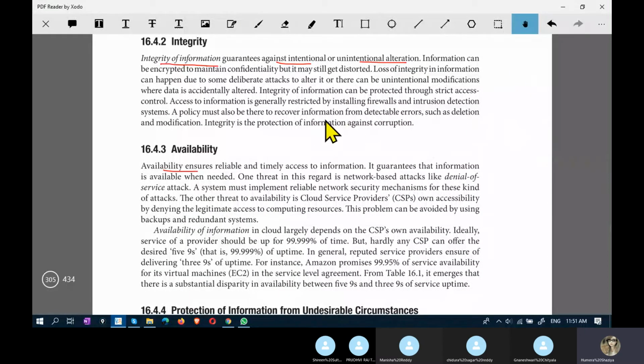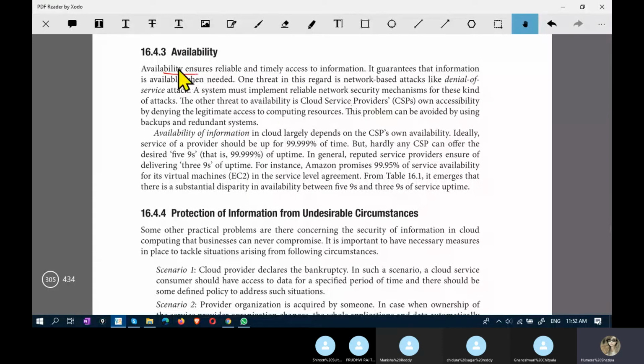Here we are not talking about technical mechanisms, but at a higher level, you can go for firewalls or intrusion detection to restrict the access to the information that can be altered. More technical details are available for maintaining the integrity of the data.